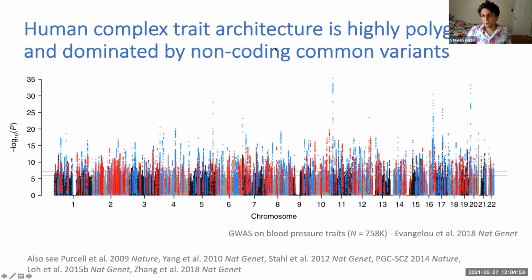Okay, so this is a classical first slide for a talk about methods on GWAS data. This graph is showing a Manhattan plot of a recent GWAS with nearly 1 million individuals. For those who don't know what a GWAS and a Manhattan plot are, this represents the genome, and each point represents a polymorphism, a common polymorphism.